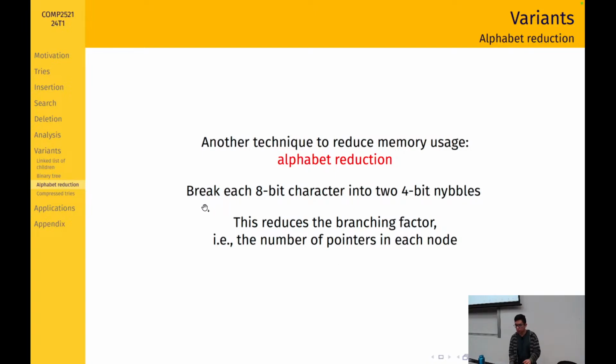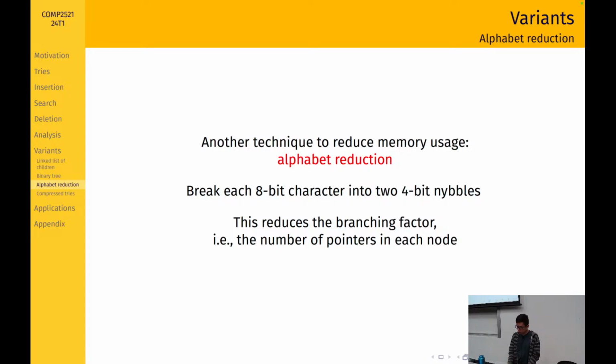Since you break the character into two 4-bit characters, if you have an 8-bit character, then there are 256 possible values, but if you have 4-bit characters, then each character has 16 possible values. So you dramatically reduce the branching factor of your trie.